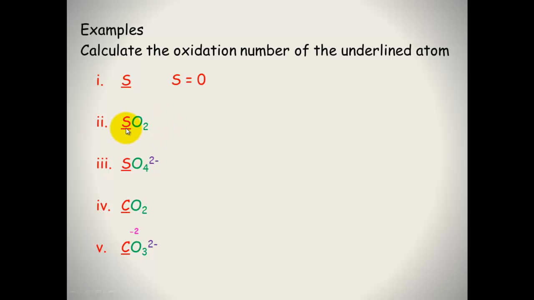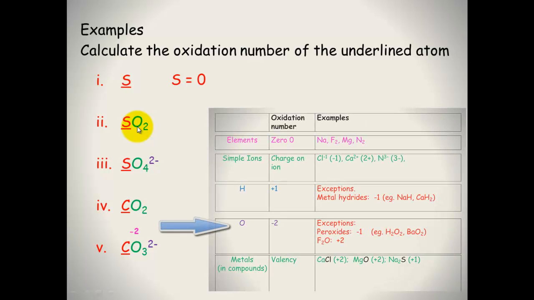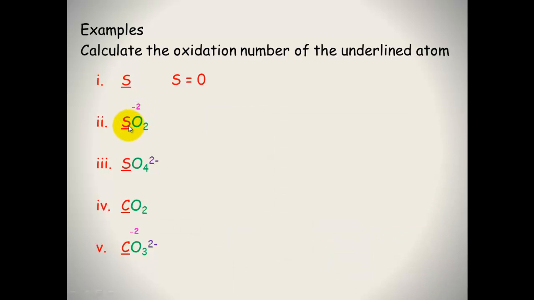Here sulfur, which is a non-metal, so no rule applies to it, is combined with oxygen in a compound. We know the rule for oxygen is that it has a -2 oxidation number. So from this we can now calculate the oxidation number of the sulfur.